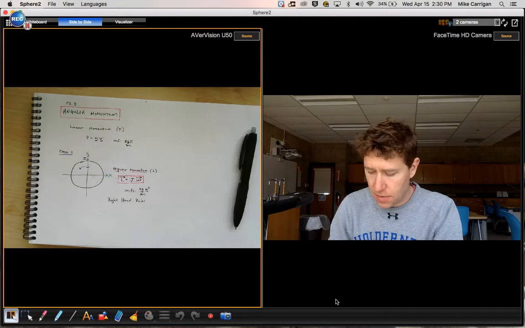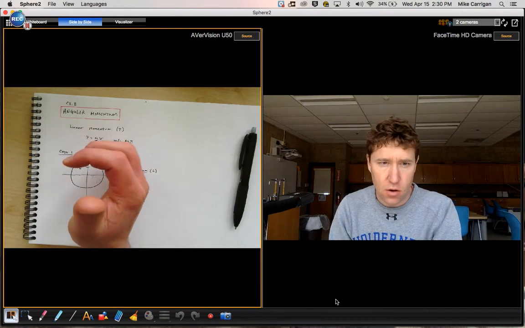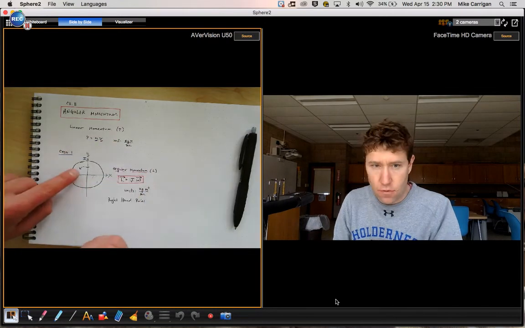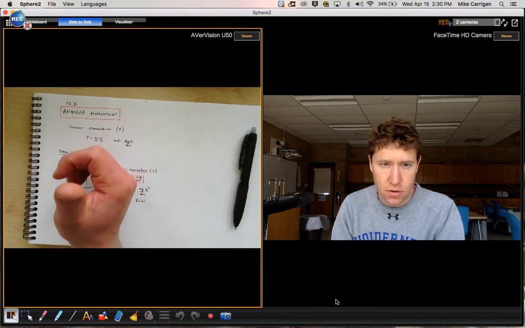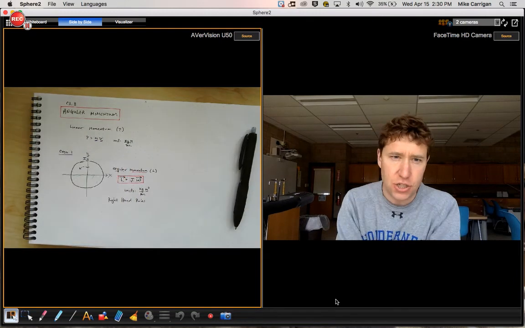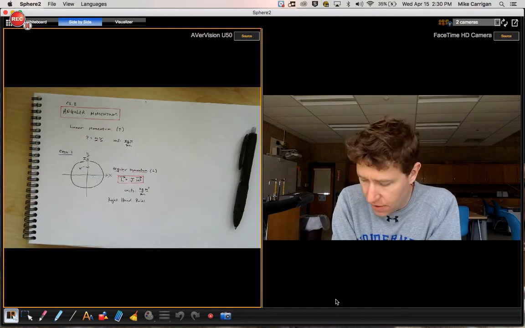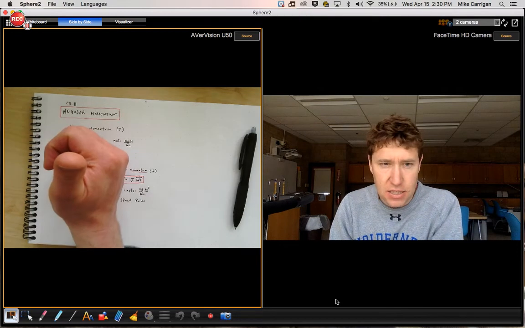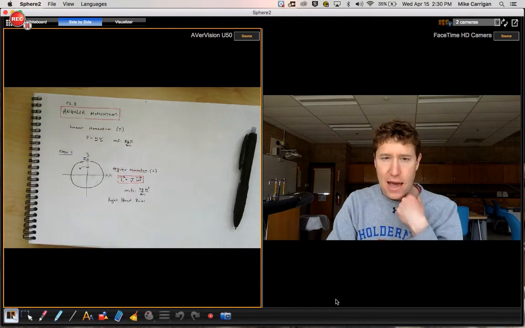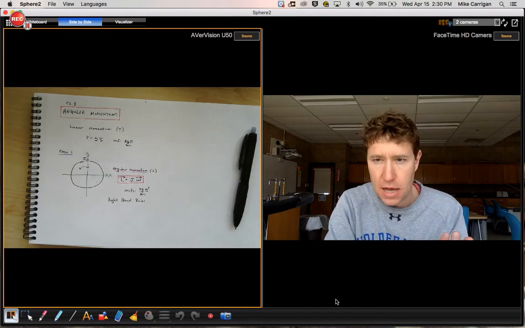So I'm going to curl my fingers counterclockwise. You can see my fingers are curled in the direction of omega. Then the direction of my thumb indicates the direction of the angular momentum vector. In this case, my thumb is coming up out of the page, or what we would call the positive Z direction.